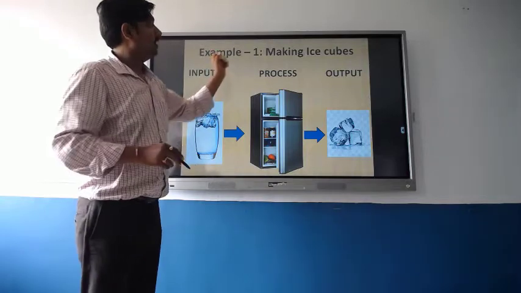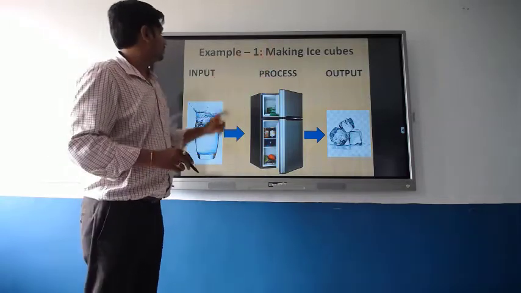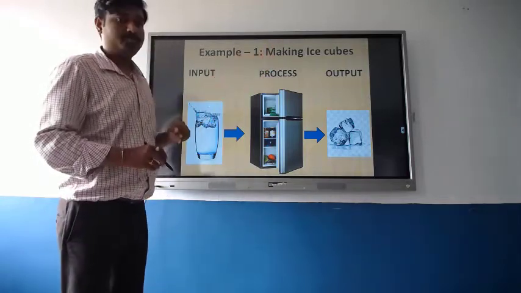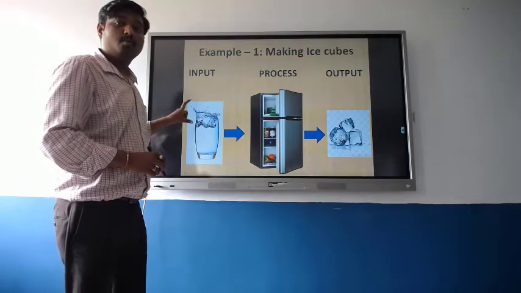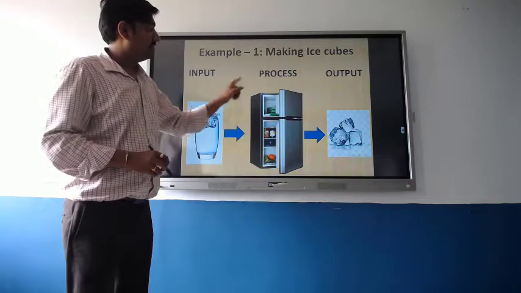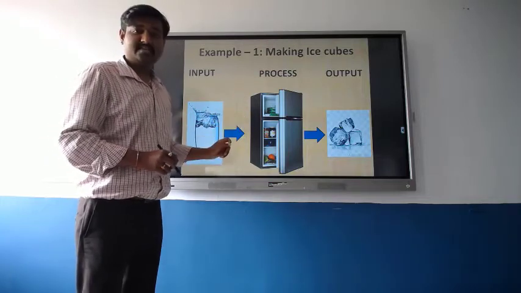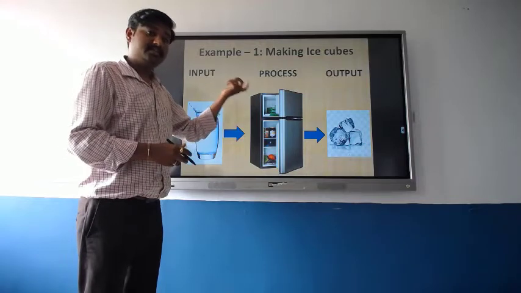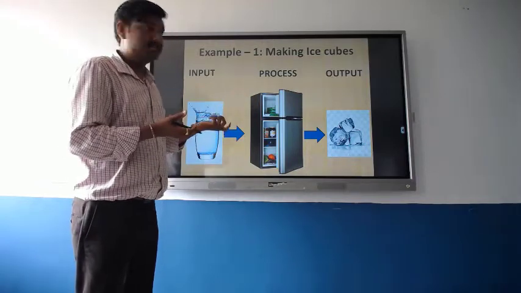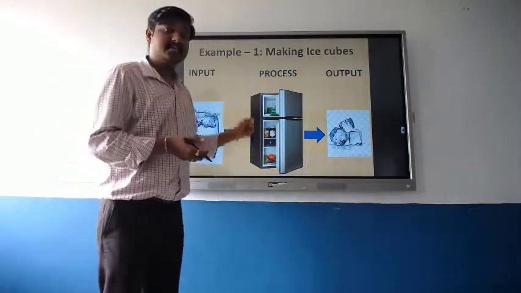See, for example, making ice cubes. Input, process and output. So here what is the input? A glass of water. And everyone has seen this, the refrigerator. You put the water in the refrigerator, in the deep fridge, in the ice cube trays, then the refrigerator processes it.